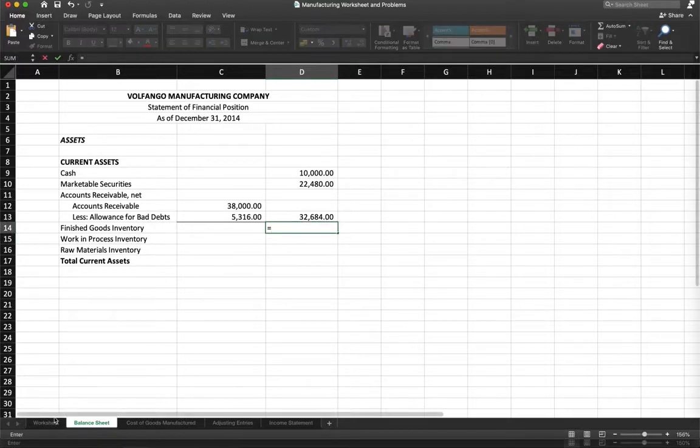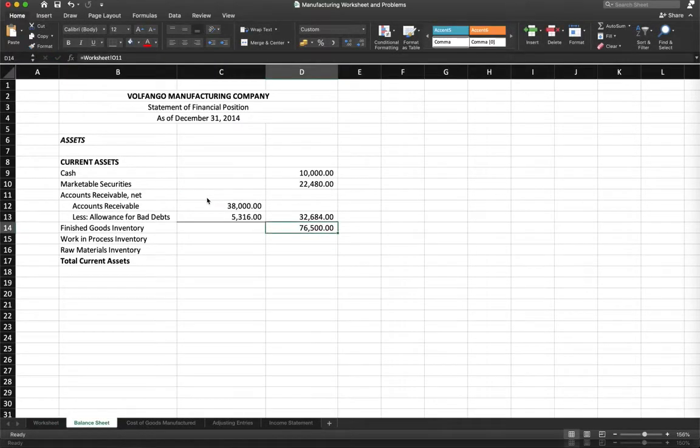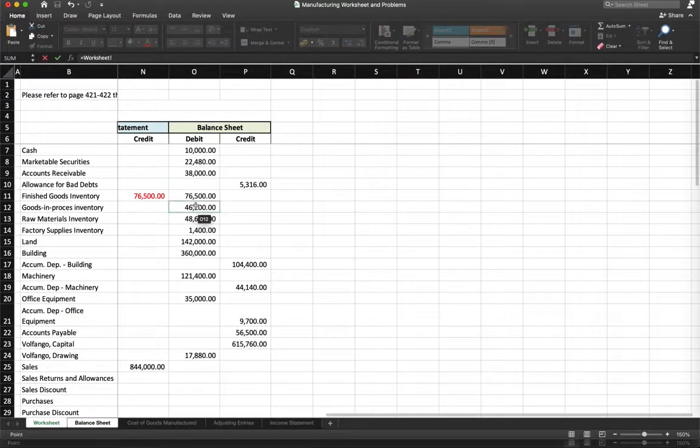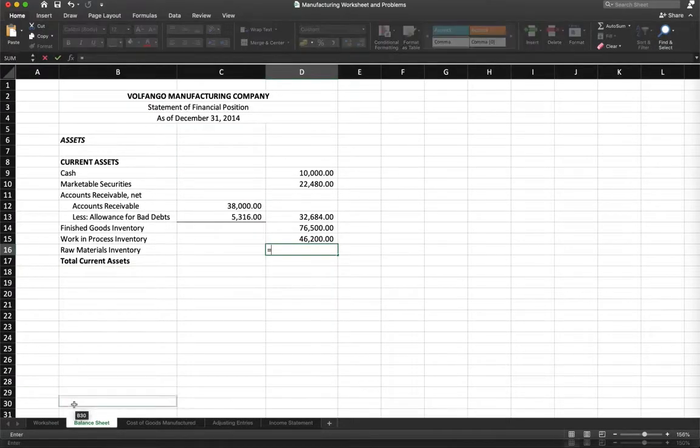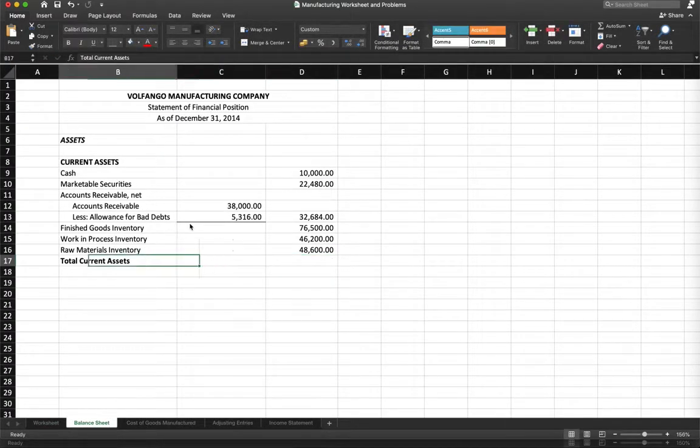Then finished goods inventory, 76,500. Goods in process, magkano? 42. Raw materials inventory, how much? 48. And then meron pa tayo factory supplies inventory, di ba? Yung mga indirect materials. Kasama pa rin yun. Supplies inventory.